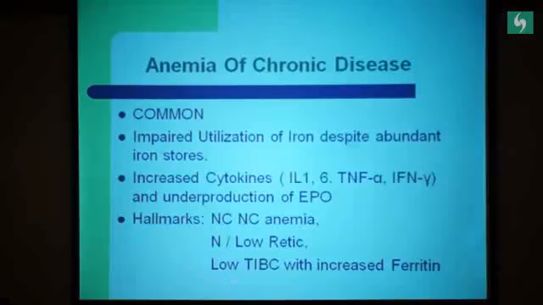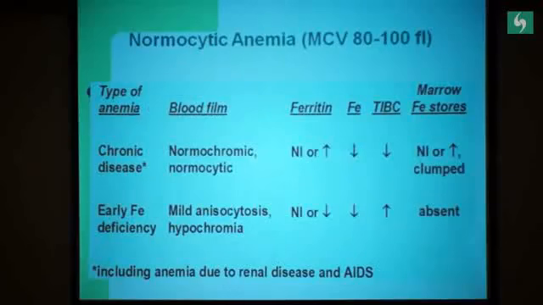So how do we differentiate anemia of chronic disease from early iron deficiency? In chronic disease, we should typically expect a normochromic normocytic picture. In early iron deficiency, we may get normocytic, but there is usually hypochromia. They are not normochromic. Now, in chronic disease, ferritin is high, but in iron deficiency, ferritin would be low.